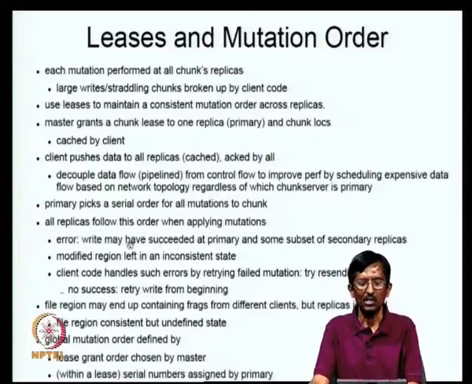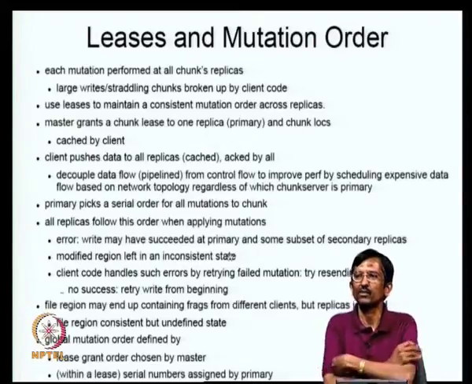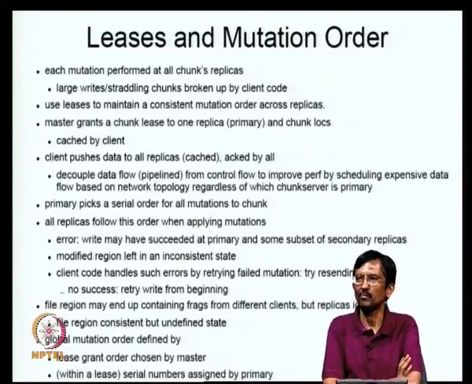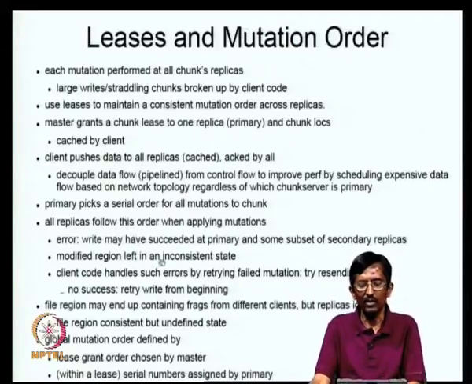So, it may have happened at the primary, but at only a few of the secondaries, not everywhere. Modified region left in inconsistent state. That is the reason why we mentioned that it can be inconsistent, because some places have the new information completely, some have partly old information. That is why it is inconsistent.